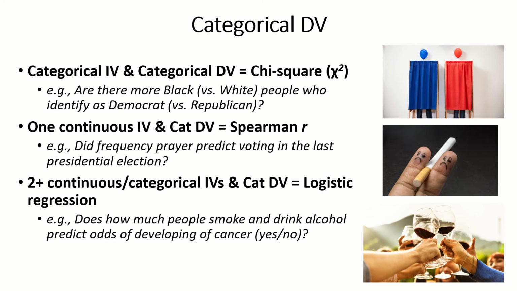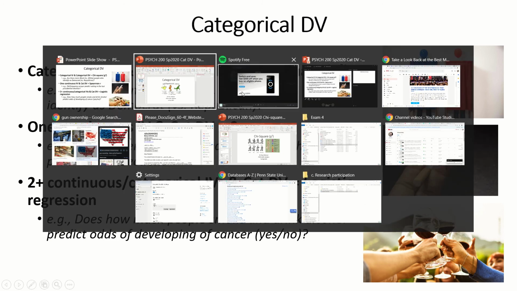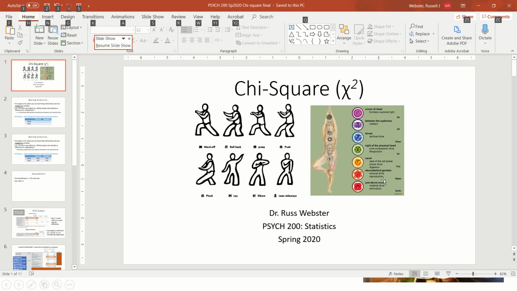So we're not going through SPSS output for each of these examples because we just don't have the time. I normally go through an example of chi-square, and I will put up a PowerPoint going through examples of chi-square because perhaps in the future, if you're doing a thesis or something, you might run into chi-square. So I will just post this PowerPoint. It's just FYI.